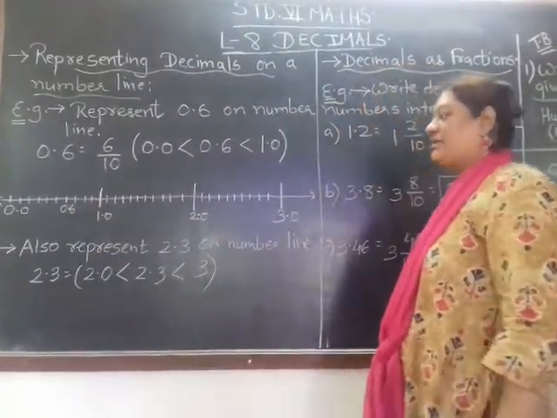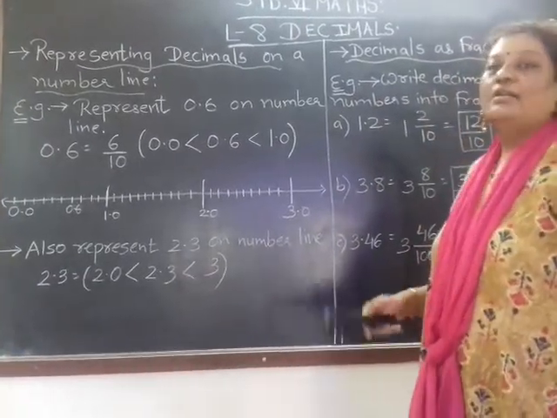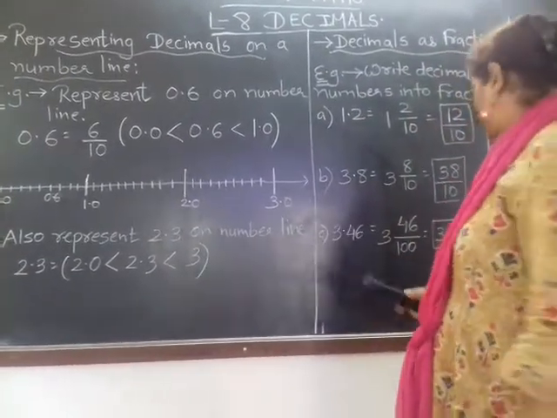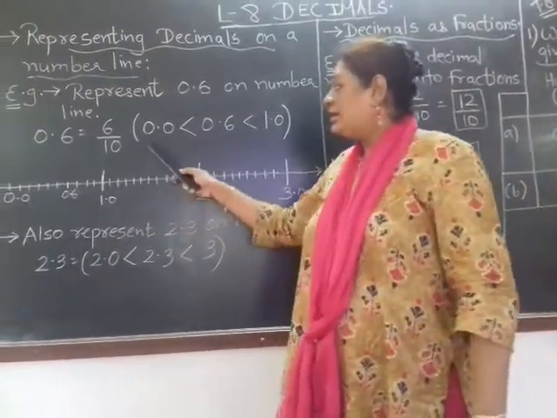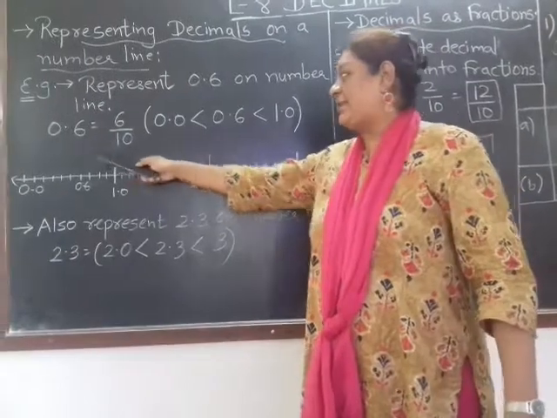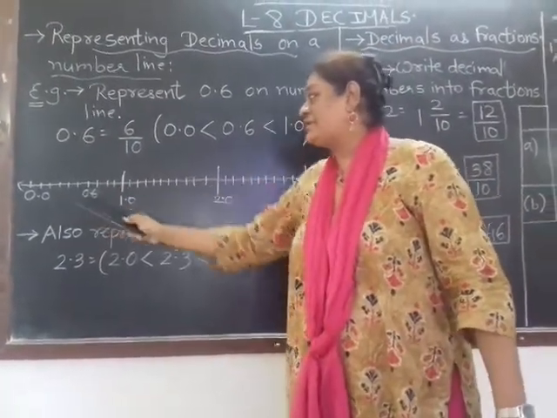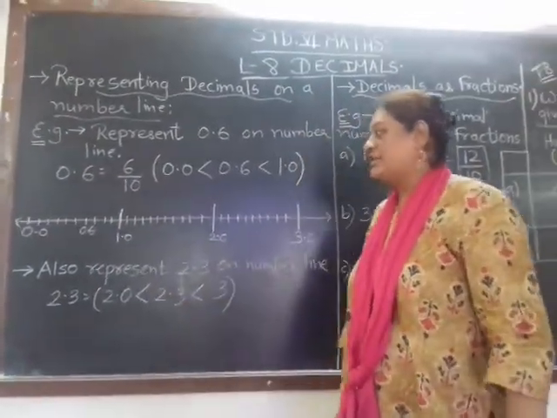That is 1.0. As we divide 10 by 10, it will be 1.0 or 1. Okay, now this is what we have represented, 6 upon 10, that is 0.6, in between 0.0 and 1.0.